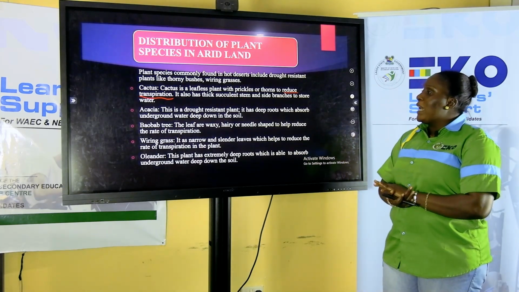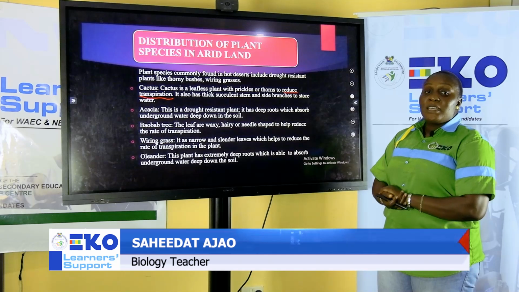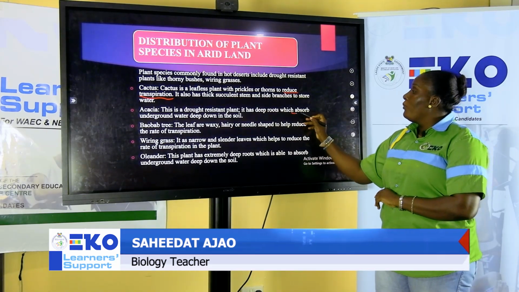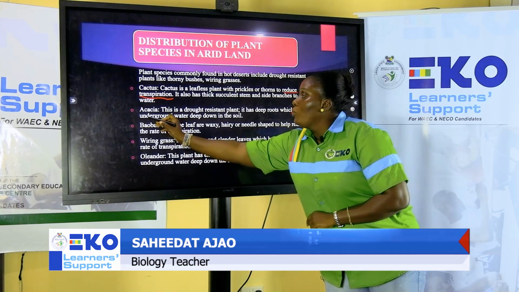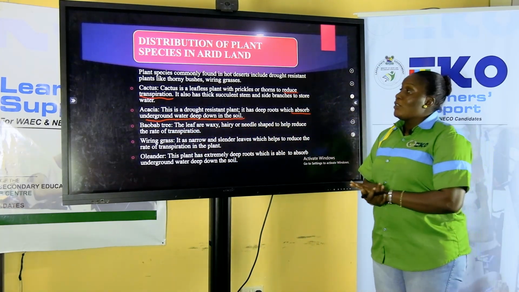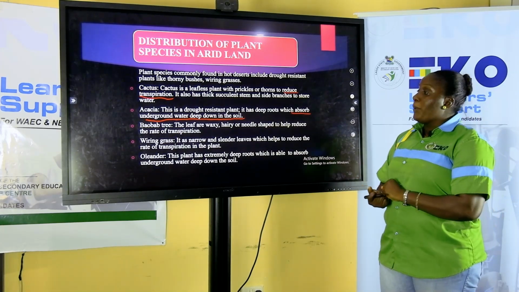Another one we'll be looking at is the drought resistant plant. It has deep roots which absorb underground water deep down in the soil. Since there is a low amount of rainfall, the little water it can get it absorbs into its body.